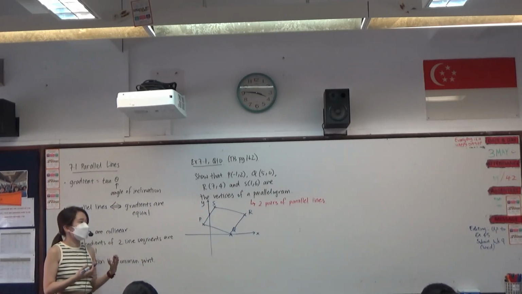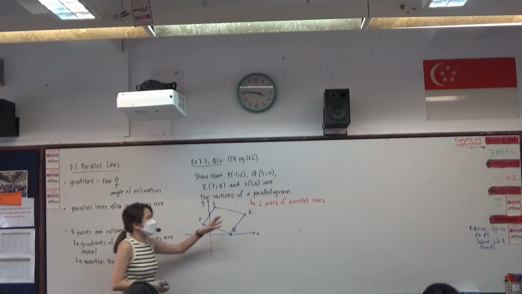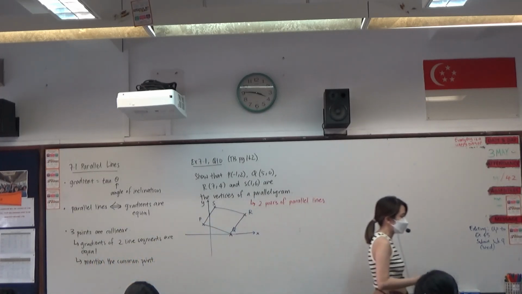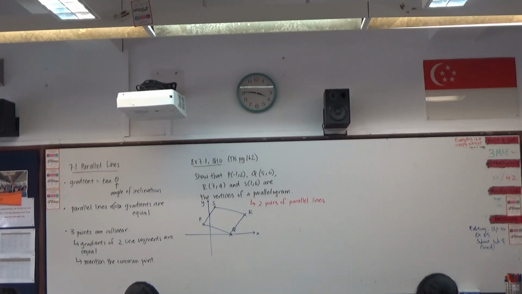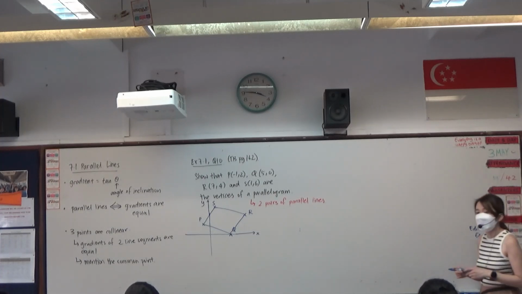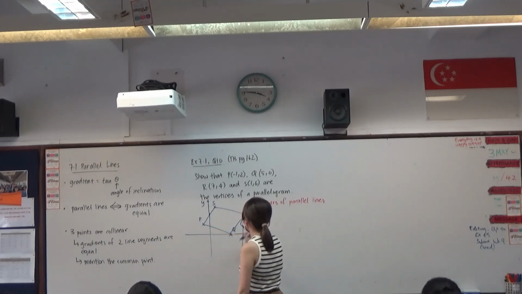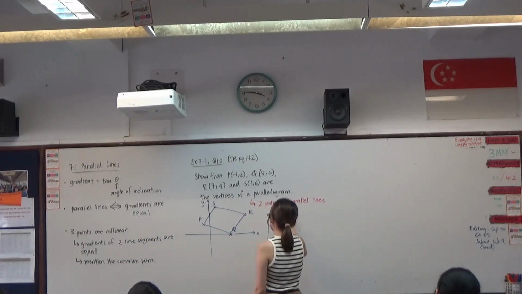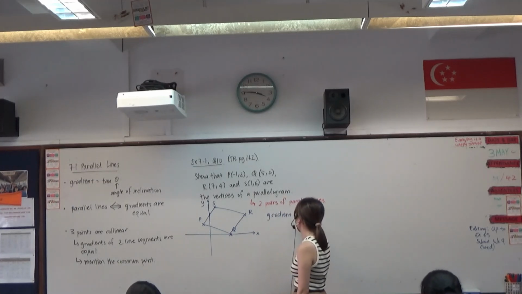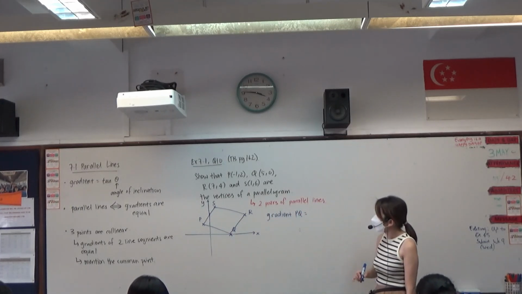Us to go and look for, in terms of trying to prove a parallelogram. So how are we going to prove that the lines are parallel, if I want to use the concept that we are covering so far? So we look for same gradient, right? So now I need to go and look for the gradient of PQ, by making use of its coordinates.